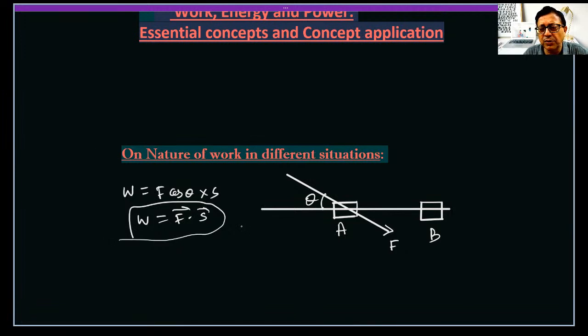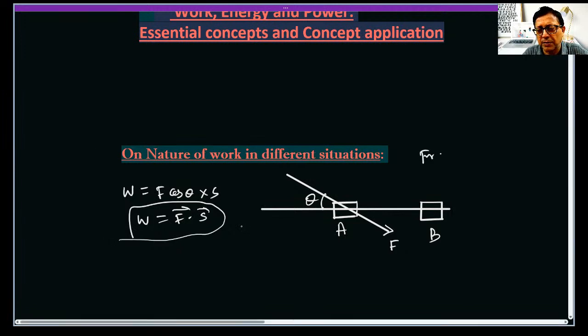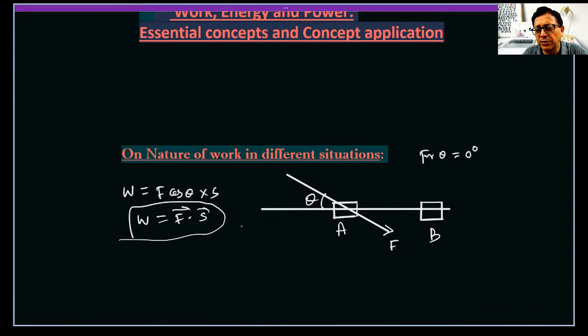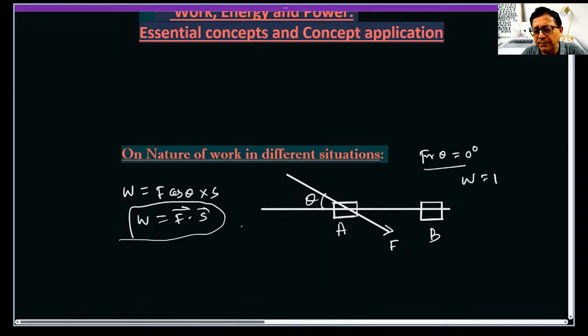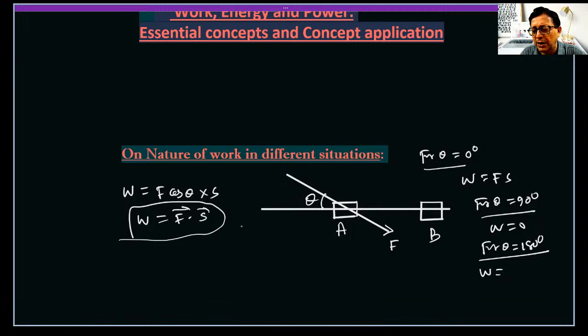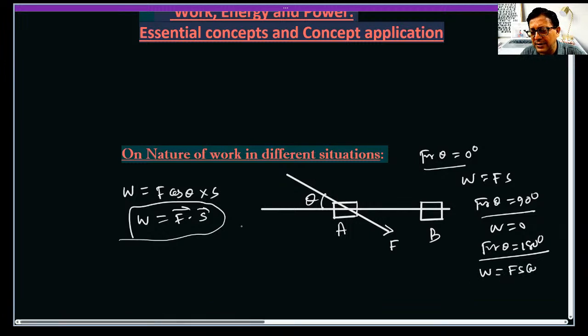And this theta may be equal to 0. For theta equal to 0, W is Fs, acting in the same direction. For theta equal to 90 degrees, work done will be 0. And for theta equal to 180 degrees, W will be Fs cos 180, that is minus Fs.